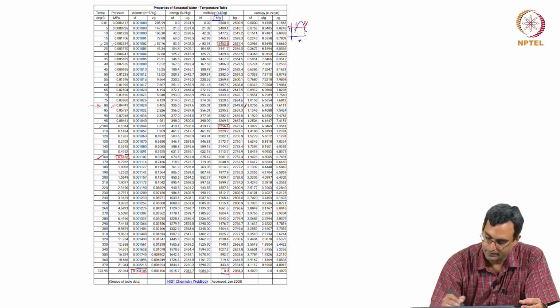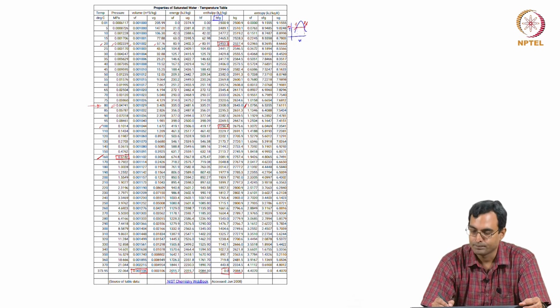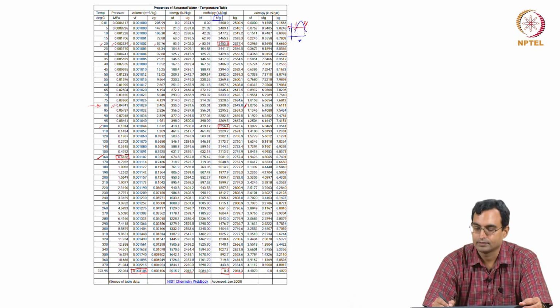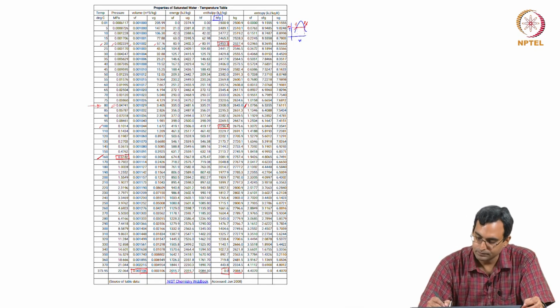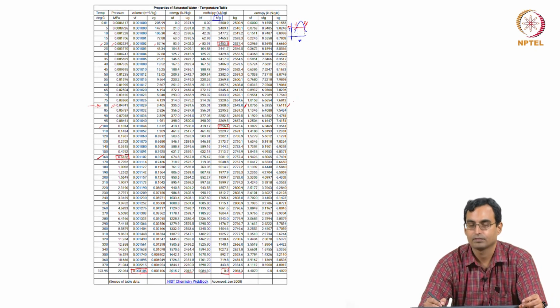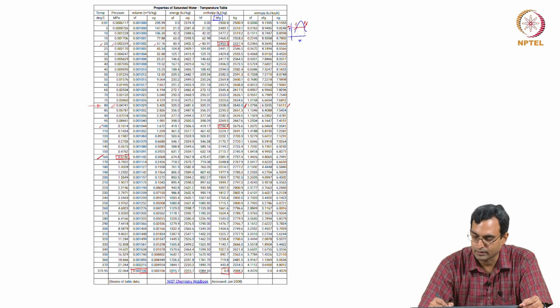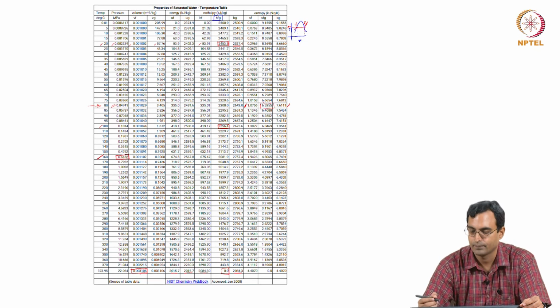So, this says that at 80 degrees centigrade, if I have saturated liquid, the entropy is 1.0756 kilojoule per kg Kelvin for water and the corresponding entropy is 7.6111 kilojoule per kg Kelvin for steam, and the difference in between these two is SFG, which is listed in between over here.